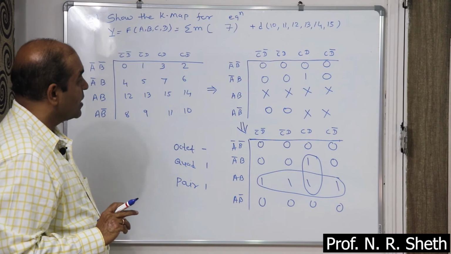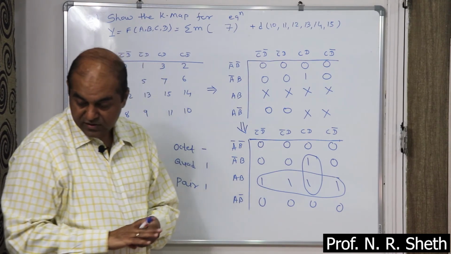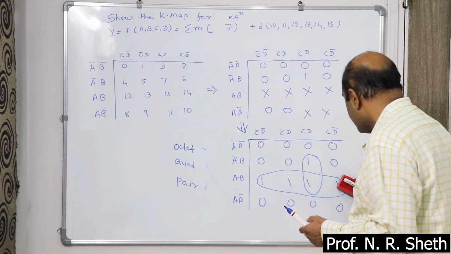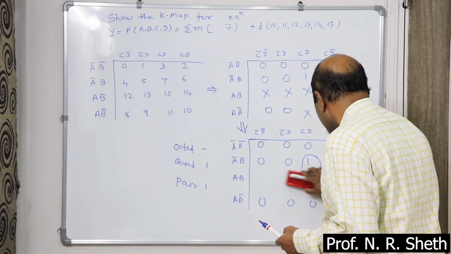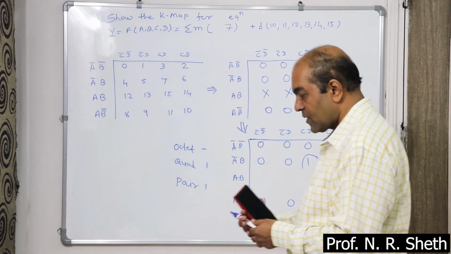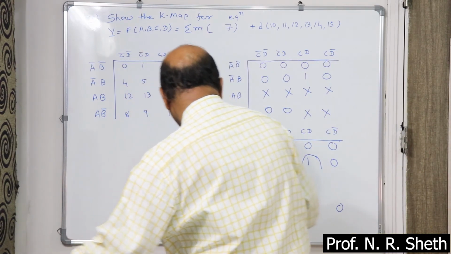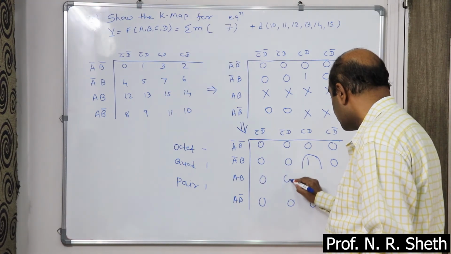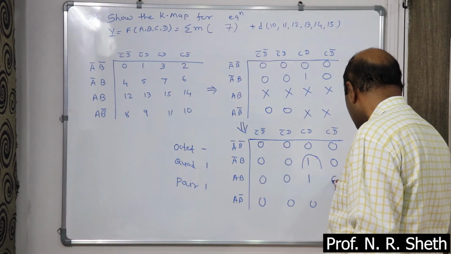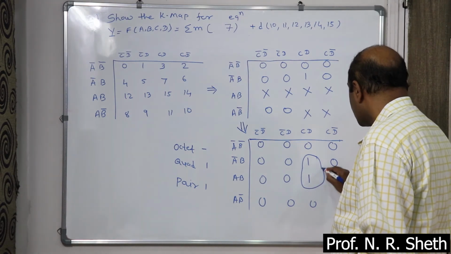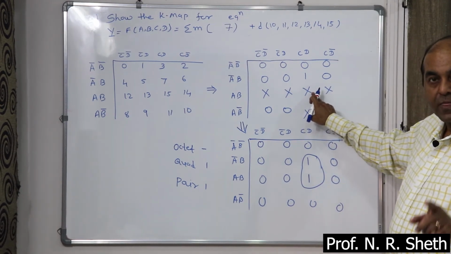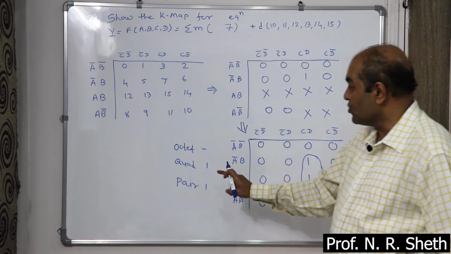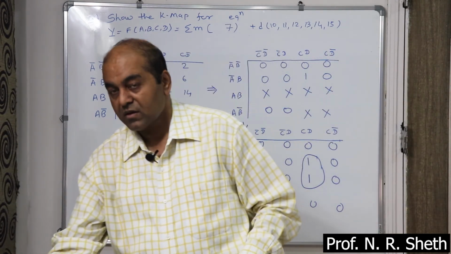Okay, in place of this, if you make all this X in this way, only this one is 1 and the remaining all are 0, then you have a single pair.